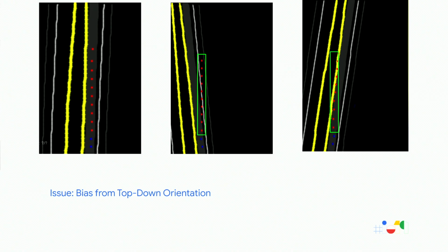Closer attention in these green boxes shows that the red dots are more or less aligned with the image axes. So what's happening here is that the net has learned a bias from the top-down orientation of the input data. All of our input data was rendered with a specific orientation, and the net has learned that that orientation is much more important than the lane orientation.